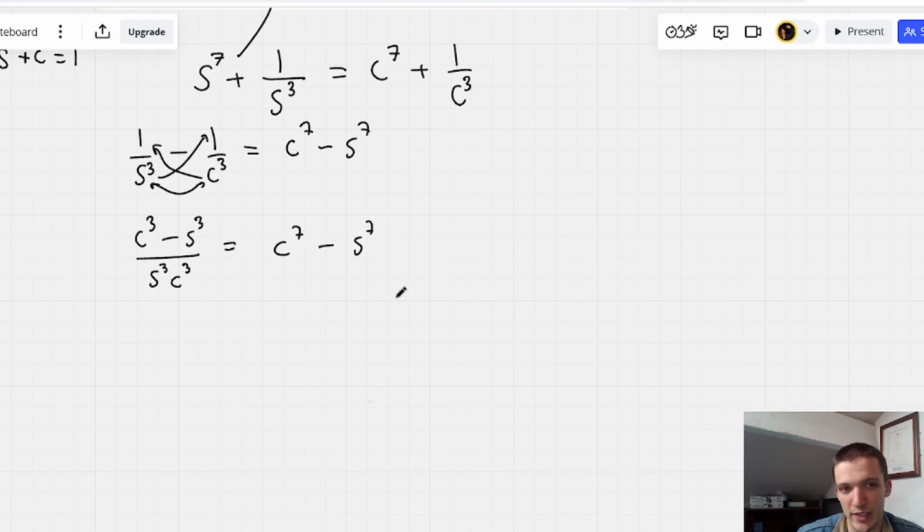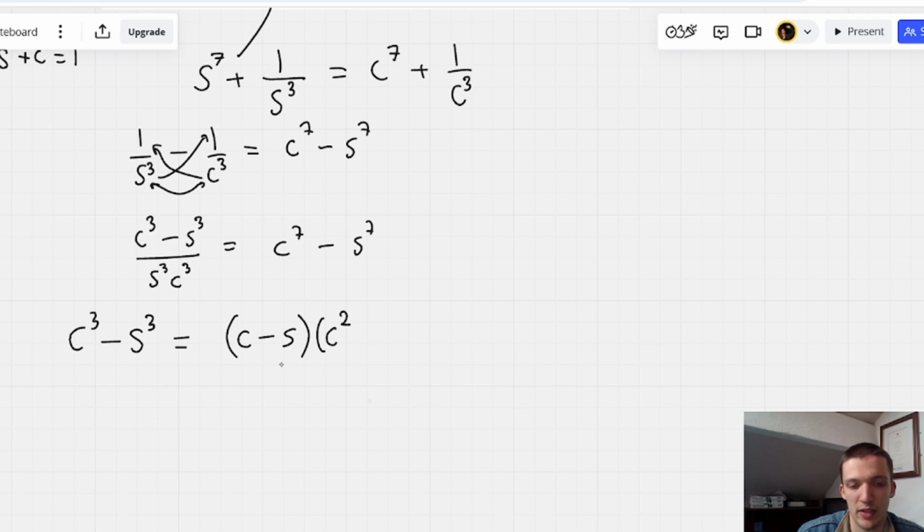It still doesn't look very doable, although I wonder if I can factorise this numerator over here. So I wonder if I can do c cubed minus s cubed. Well, just from knowing the patterns of how polynomials factorise, I reckon c minus s is a factor of this. Well, c is going to have to multiply by c squared to get to c cubed. Then I'm going to have a factor of minus sc squared.